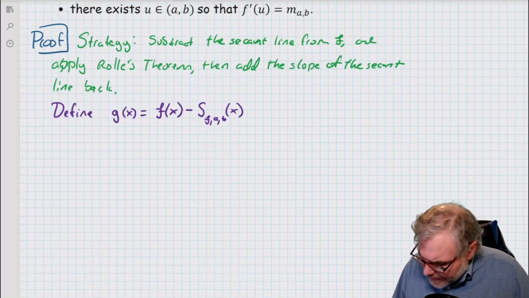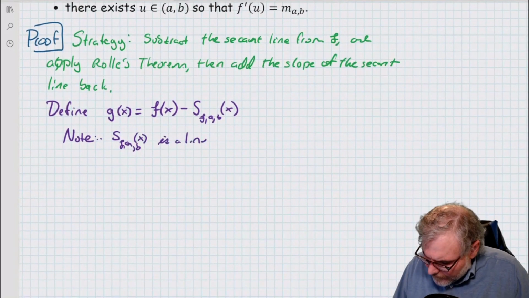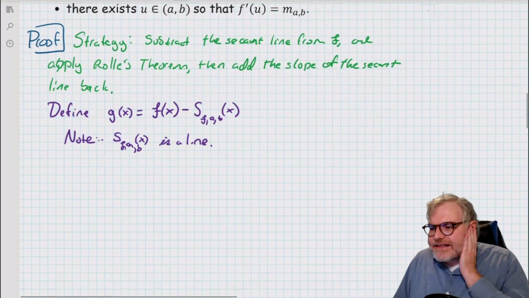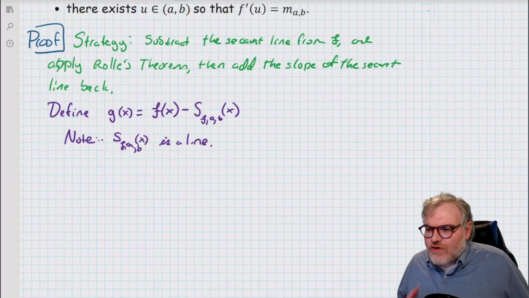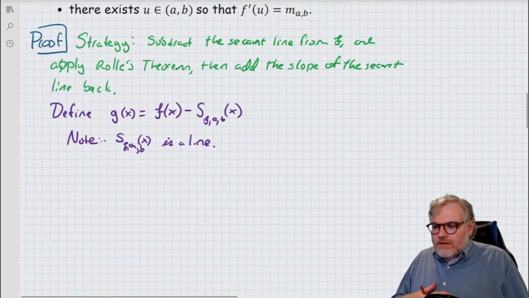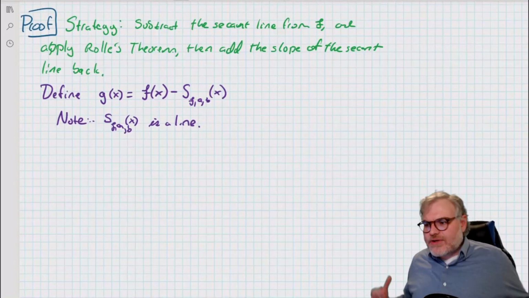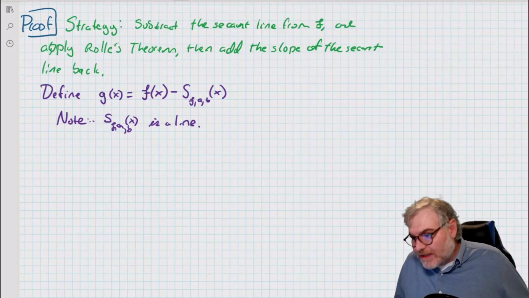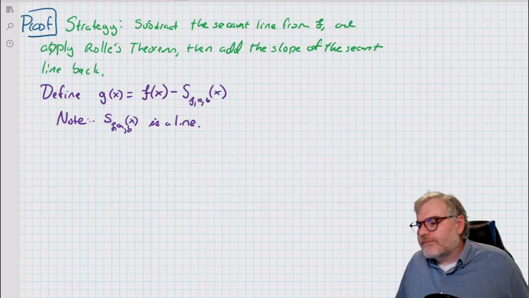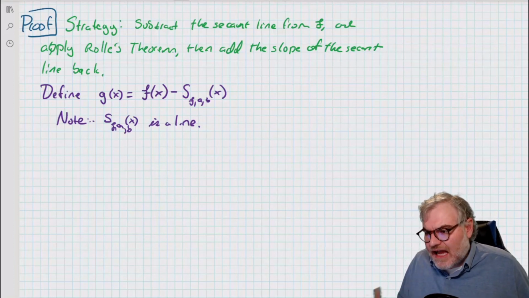Well, note here that that thing is a line, right? That equation describes a line. Well, lines are continuous, and they're differentiable everywhere. This is a polynomial, right? I can multiply it out, but it's also just a line.